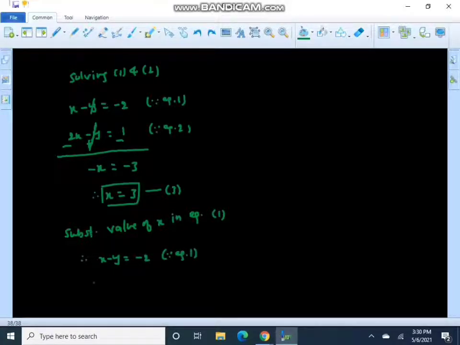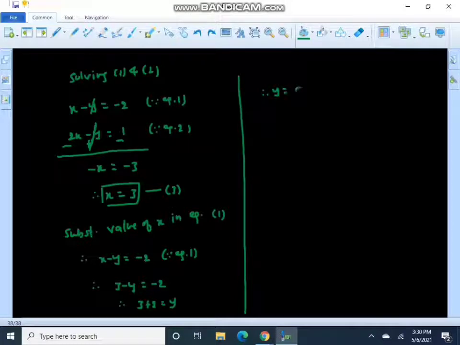This is equation 1. 3 minus y is equal to minus 2. Therefore, 3 plus 2 is equal to y. And therefore, y is equal to 5. Therefore, the solution: value of x is 3 and value of y is 5.